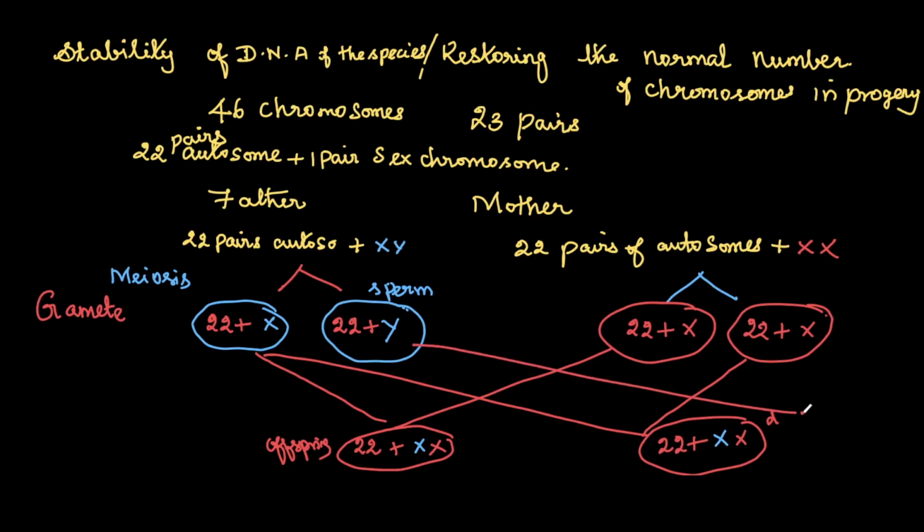The same way here, when the father is contributing Y, 22 pairs, actually it is becoming a pair here.